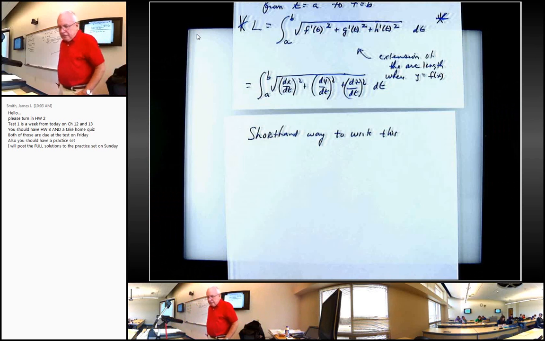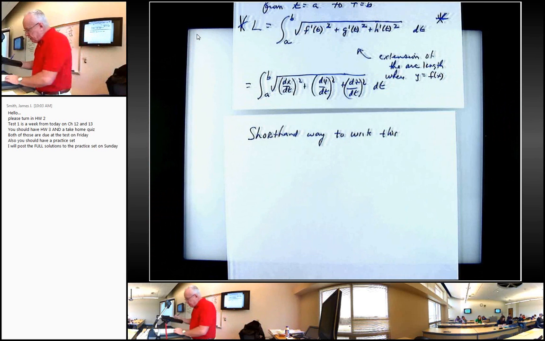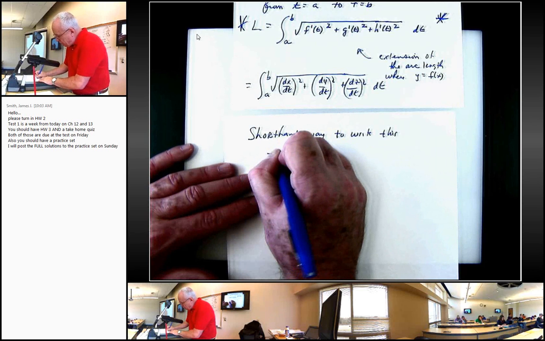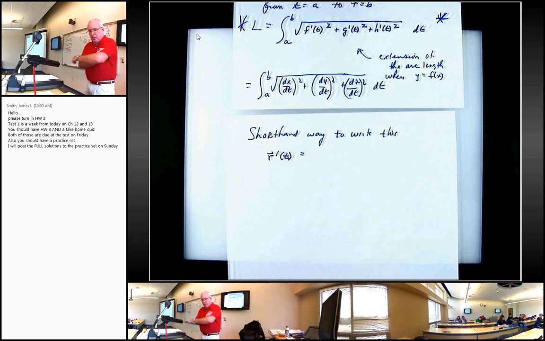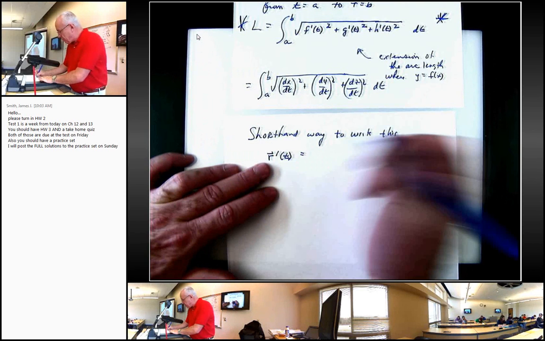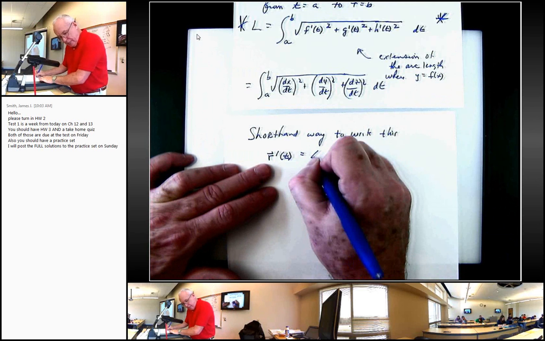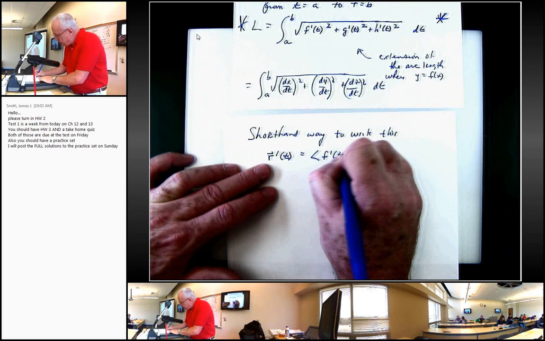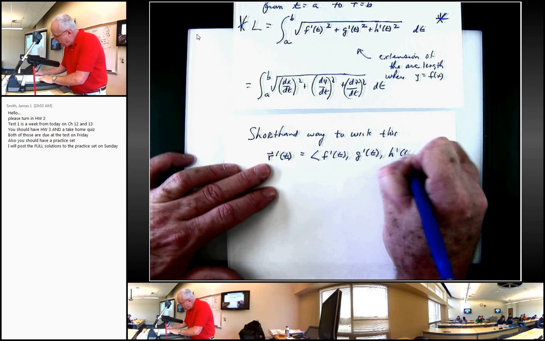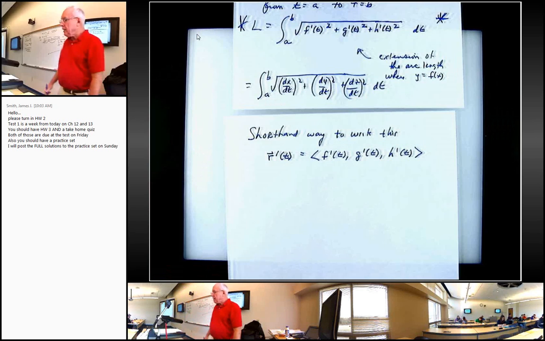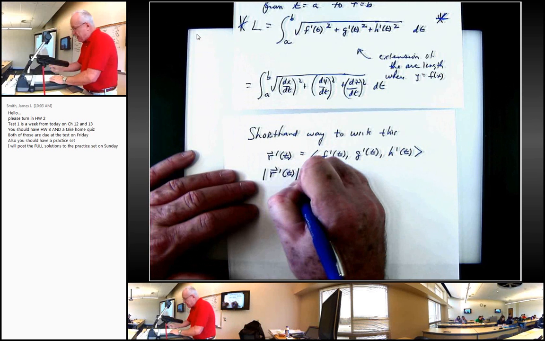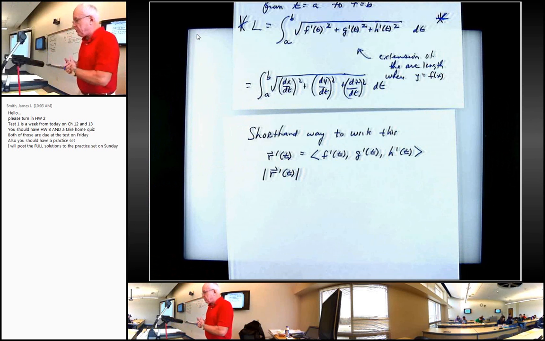Okay, let's look at the function r prime of t. Well, we know that if we take the derivative of our vector function, that's going to be the derivative of each one of the components. And then if we look at the magnitude of this vector, its components are the derivatives.